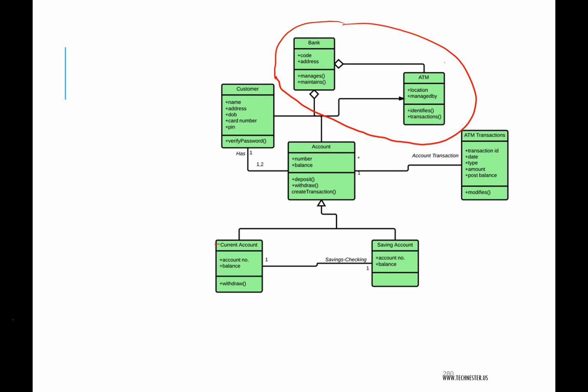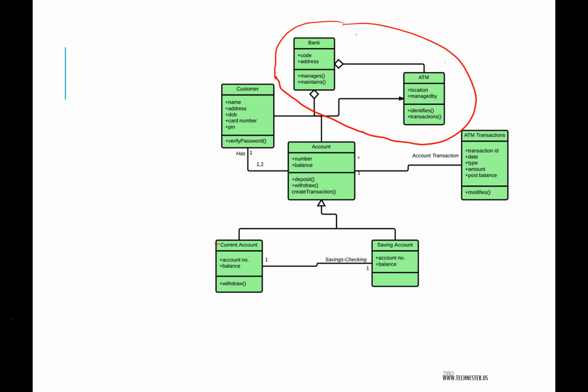But the second part is entirely different. Aggregation relationship means, like I said, you gather people in a team, everybody can go on their separate ways. It's not composition. So aggregation relationship means the ATM can exist without a bank. That's what this relationship means.